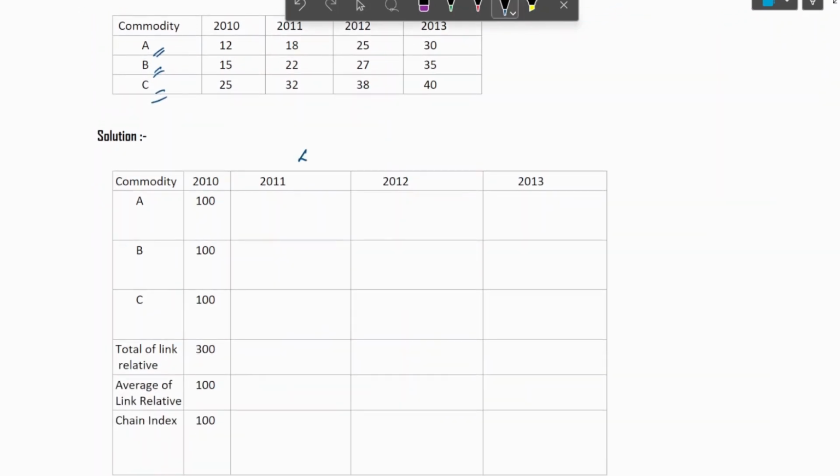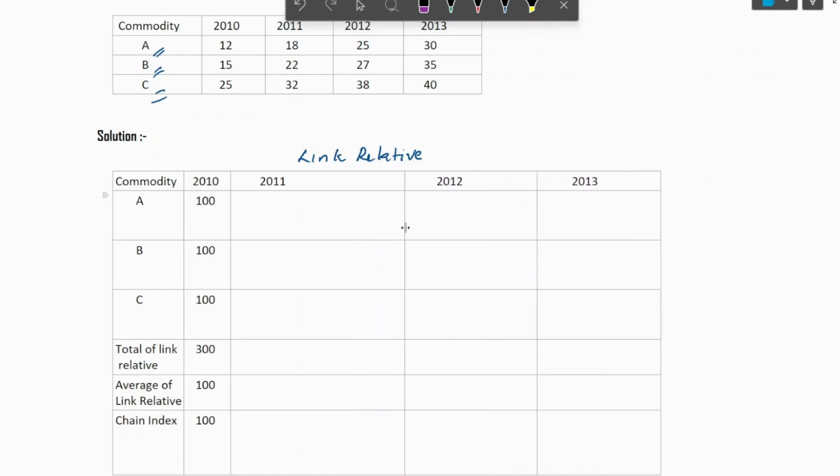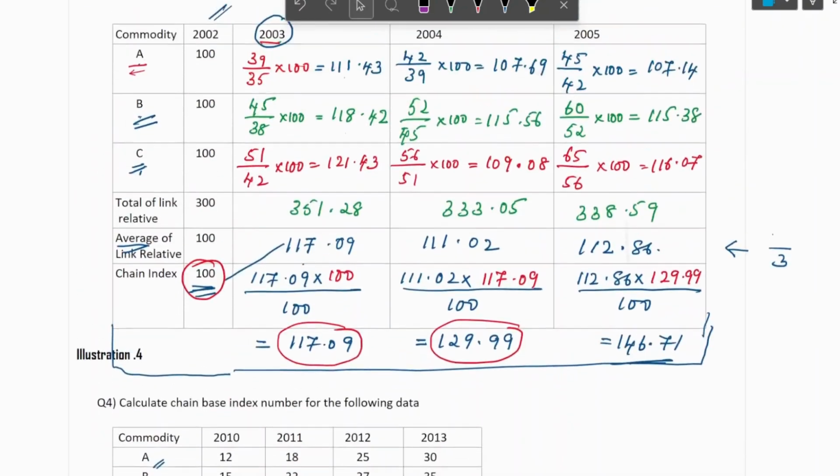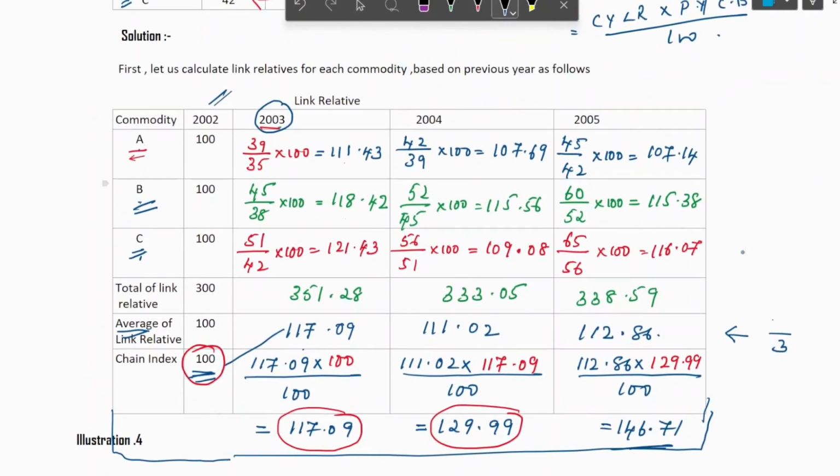So at the top you have to write link relative, because you are finding the link relative at the starting time. While making the table, make the columns quite big because you want to write that information here. And students, please don't calculate directly, just write the information. How do you calculate previous year into, before here it is quite difficult for you actually. See, 39 divided by 35 into 100, 42 divided by 39 into 100.